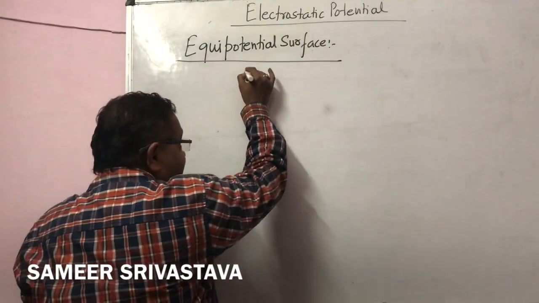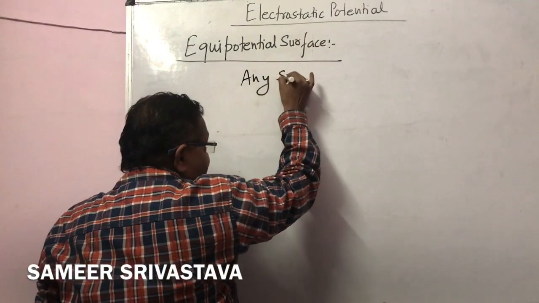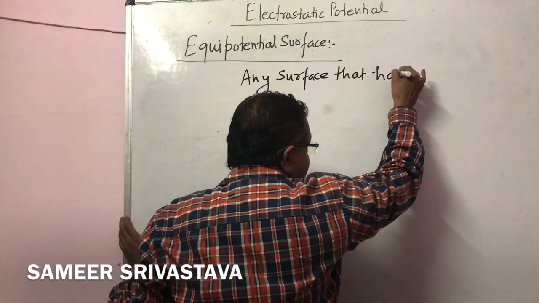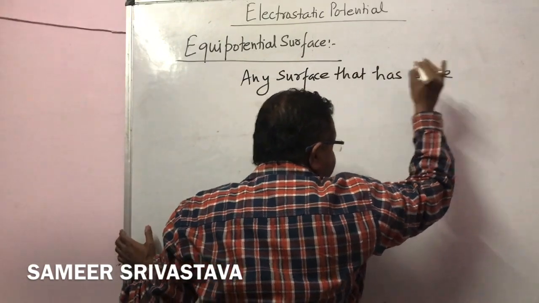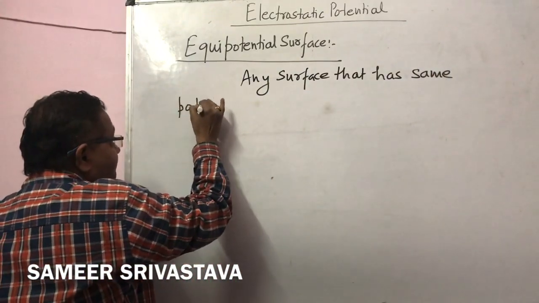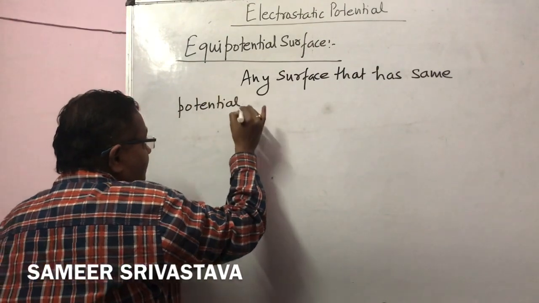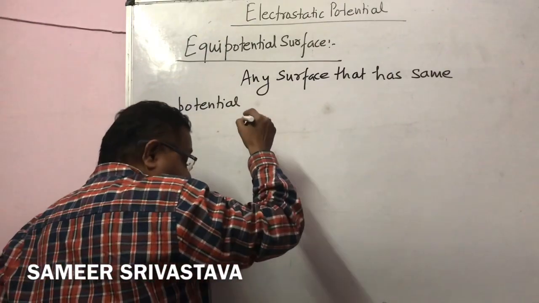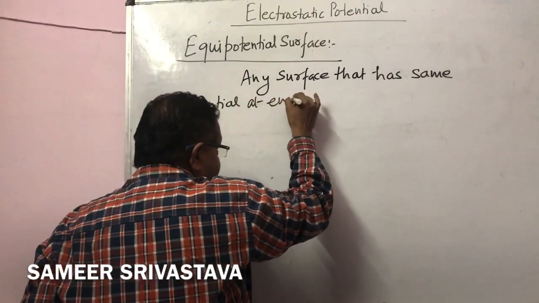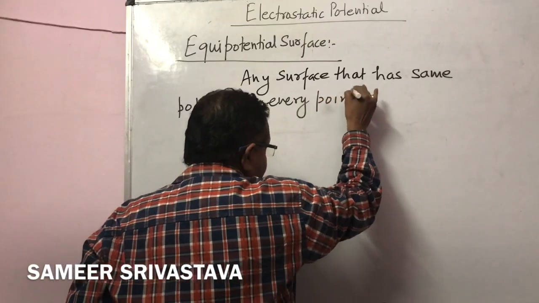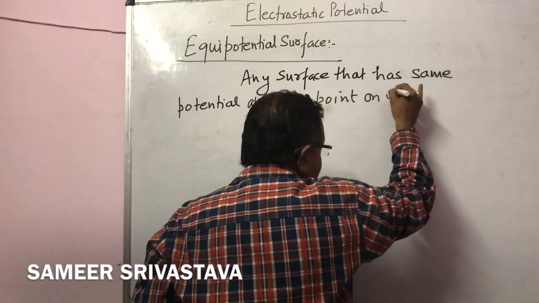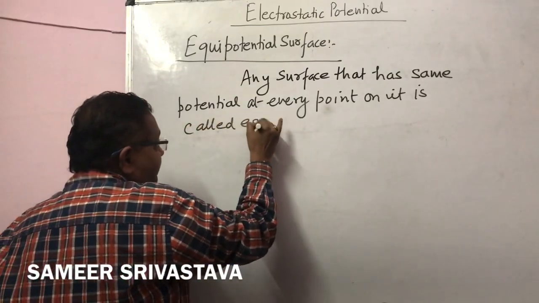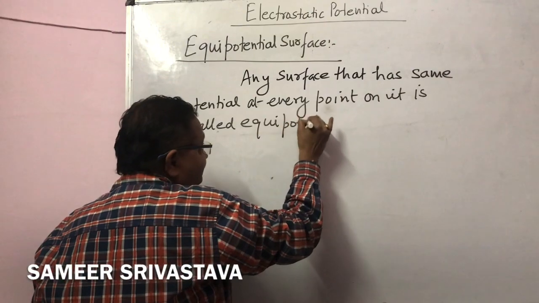Any surface that has the same potential at every point on it is called an equipotential surface.